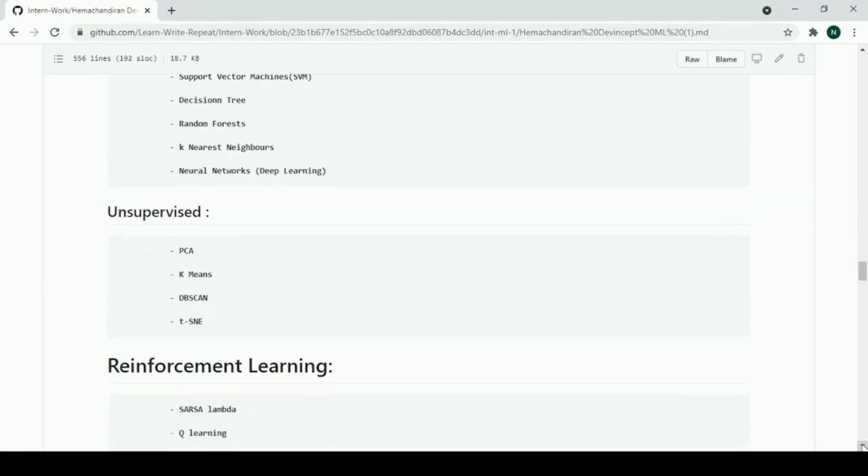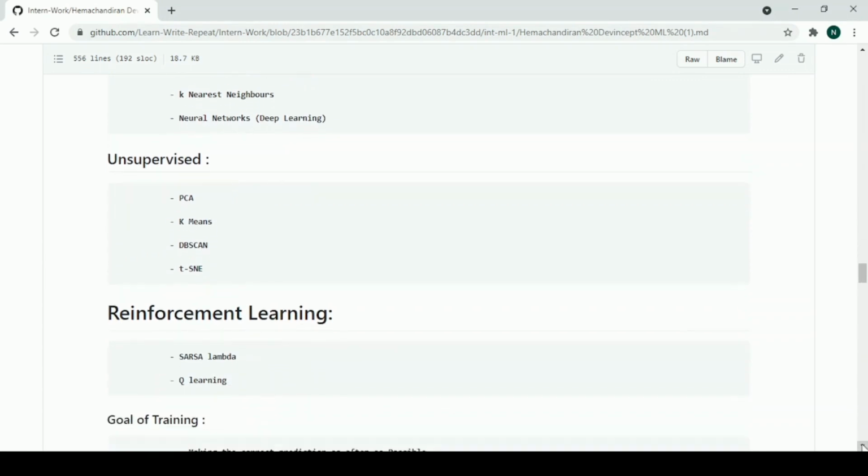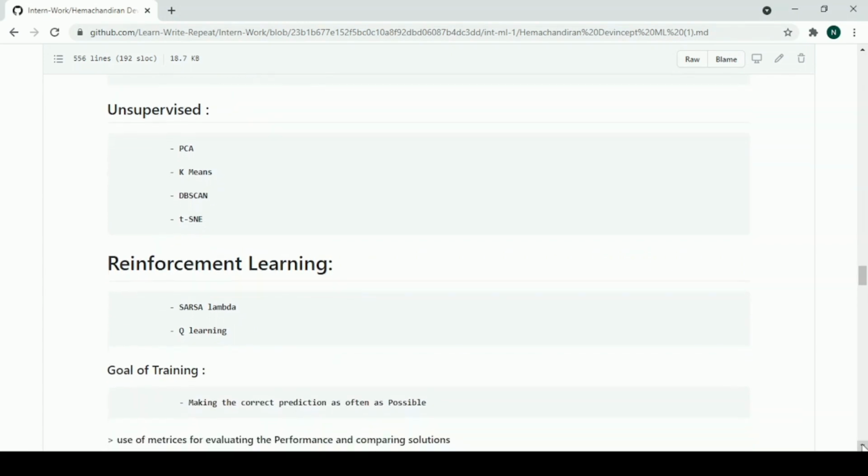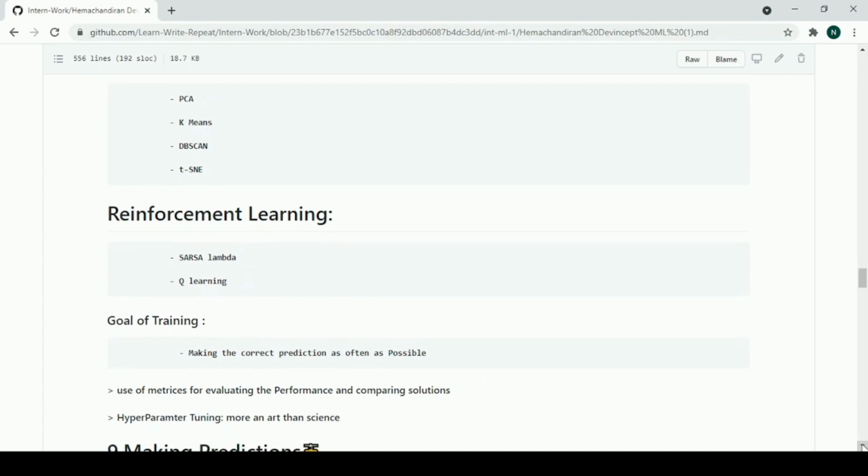Now coming to reinforcement learning, in this we have SARSA, SARSA lambda and Q-learning. The goal of training is making the predictions correct as often as possible. Metrics are used for evaluating the performance of the model and comparing solutions. Hyperparameter tuning is more an art than a science.